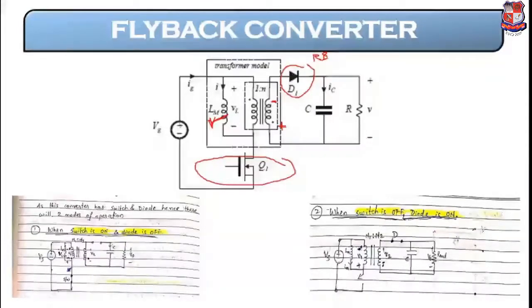Because there is no longer any input polarity, the output side reference becomes 0 and the other terminal becomes more positive. So a positive supply is connected to the anode and negative to the cathode. As a result, the diode turns on and you will get some output voltage. So these are the two modes.